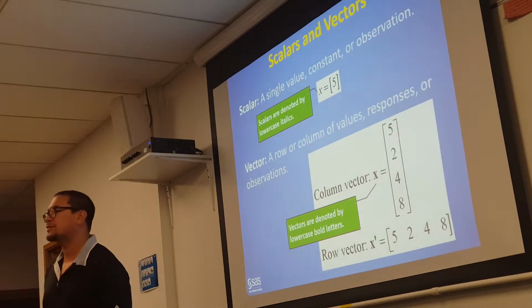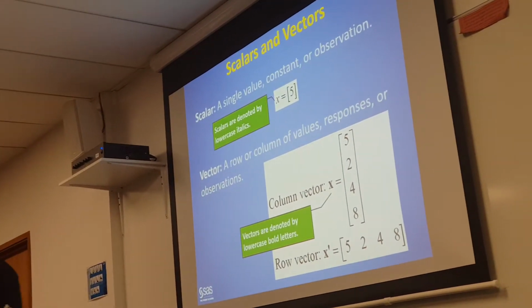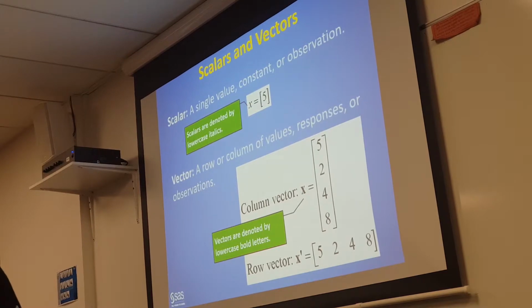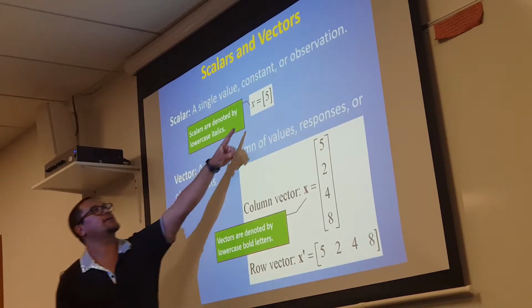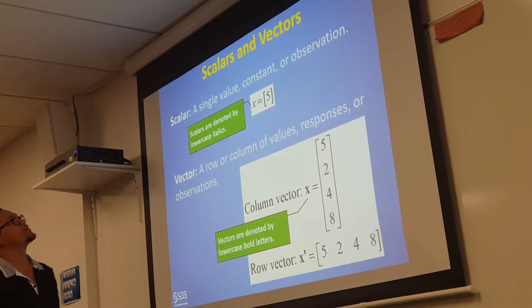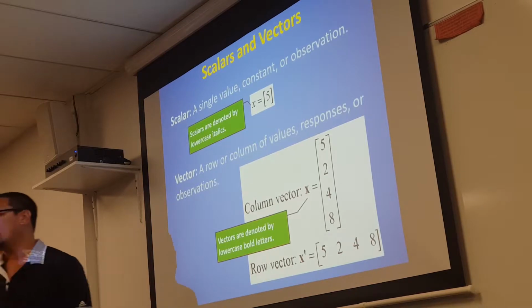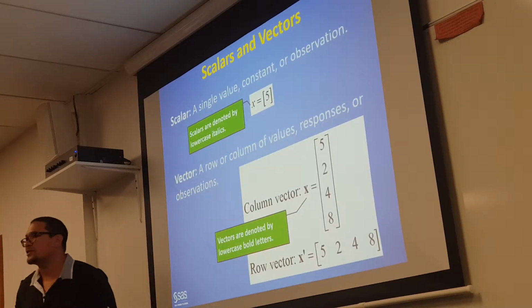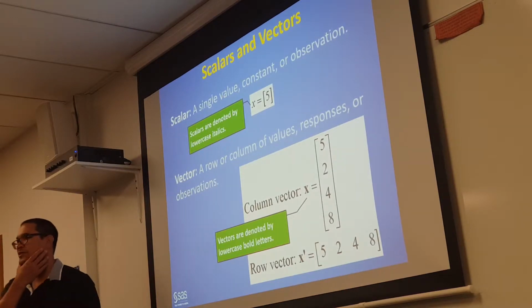Okay, so let me give you a few definitions that many of you will know. A constant, I will also call a scalar. We'll denote those by lowercase italics. So a constant or a scalar is simply a single value, a constant or an observation. A vector refers to a single row or a single column of values in matrix algebra.